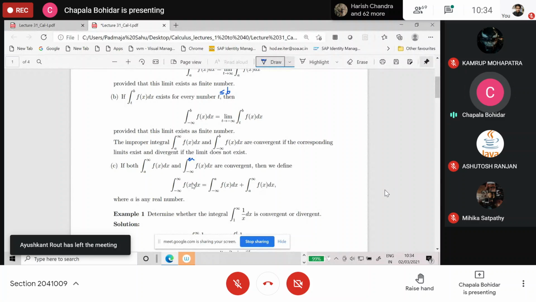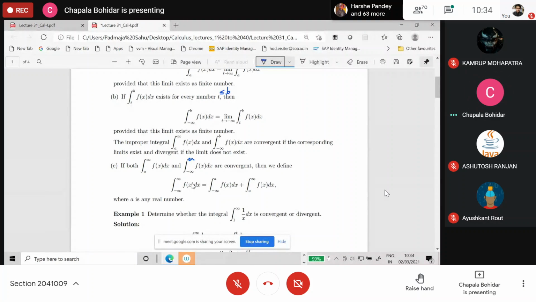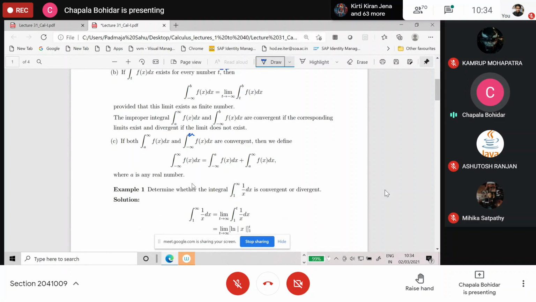Example: determine whether the integral from 1 to infinity of 1 by x dx is convergent or divergent. Here it is 1 to infinity, that I can write as the limit as t tends to infinity of the integral from 1 to t of 1 by x dx.